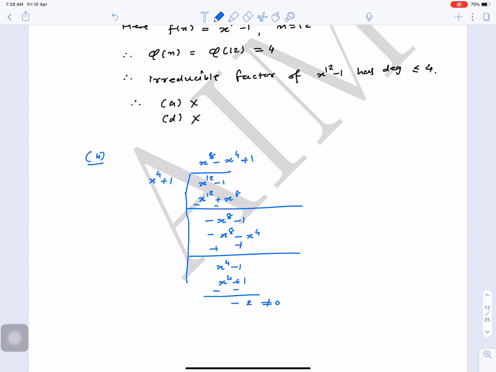So the remainder is not 0, therefore x^4 + 1 is not a factor of x^12 - 1. So option B is wrong.